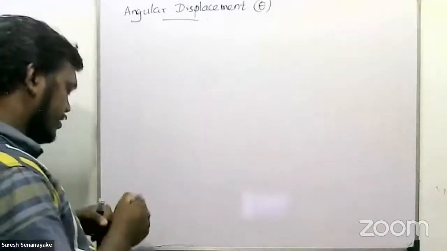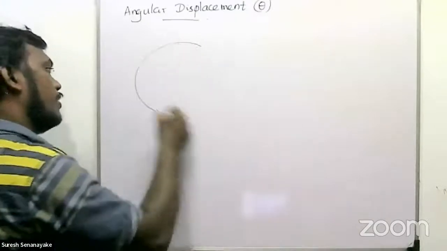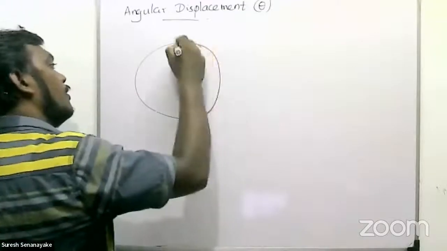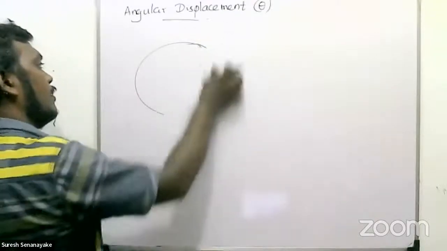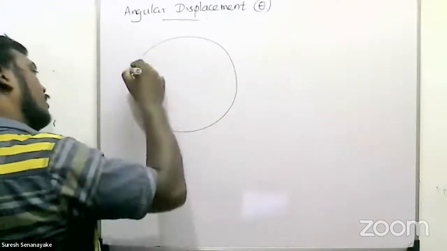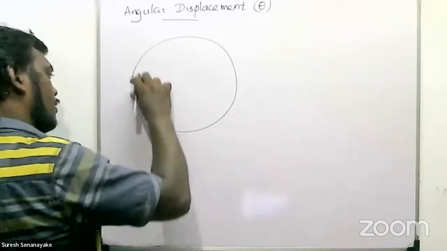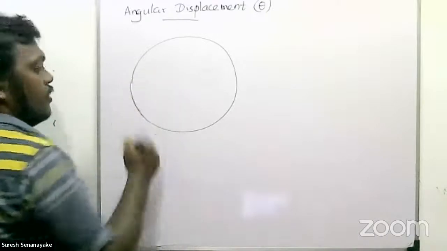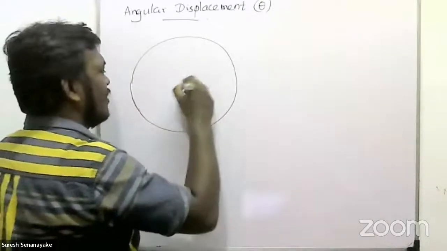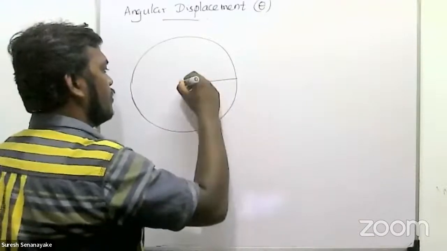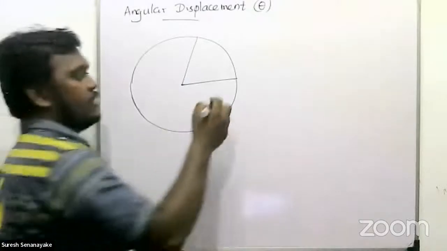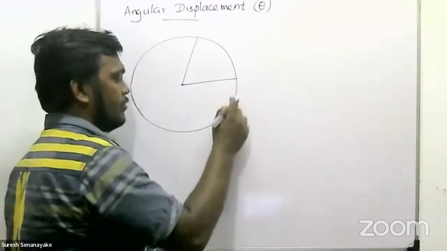We consider a motion of a body along a circular path. So the body is moving on this circular path.